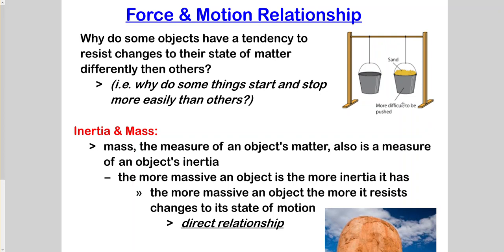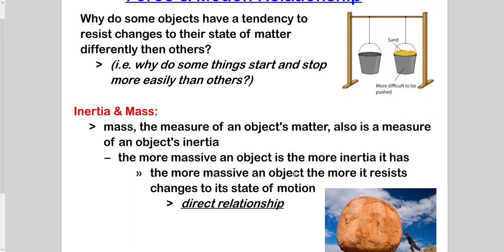It's going to be much harder to stop a moving car than it would be to stop a softball rolling down the street. And that is because mass, or the measure of an object's matter, is also a measure of how much inertia it has. So the more mass an object has, the more inertia it has.